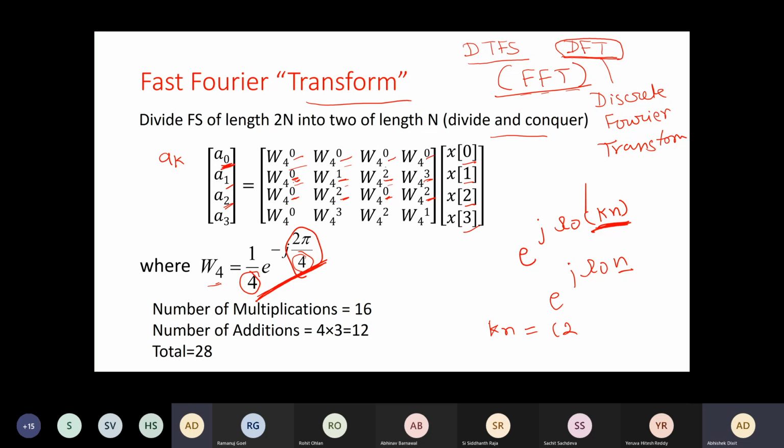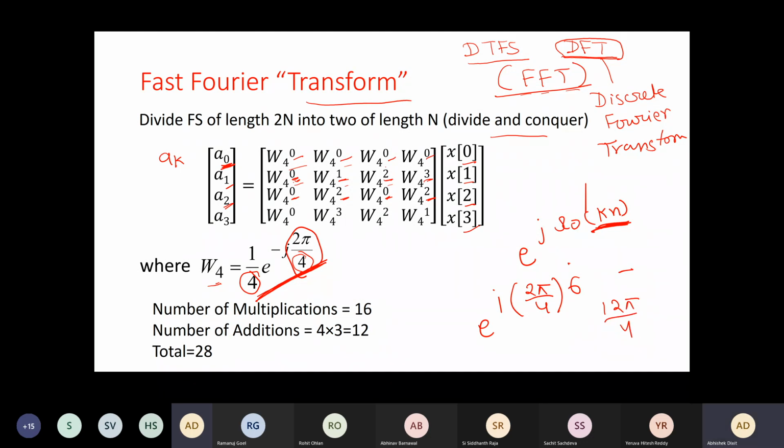Because there is a frequency wrapping. So let me just illustrate this if you haven't understood. If this is e to the power j, forget about minus 2 pi by 4, and suppose I have 6. So what is this? This is 12 pi by 4. Right?